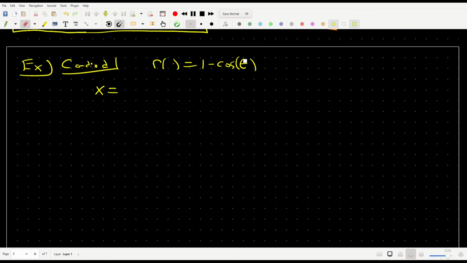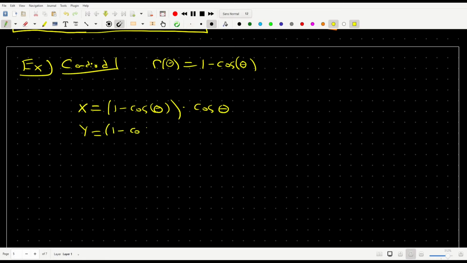I'll use theta just to really emphasize the polar coordinates here. And this is a polar defined curve. So x is equal to 1 minus cosine theta times cosine theta. y is 1 minus cosine theta times sine of theta.